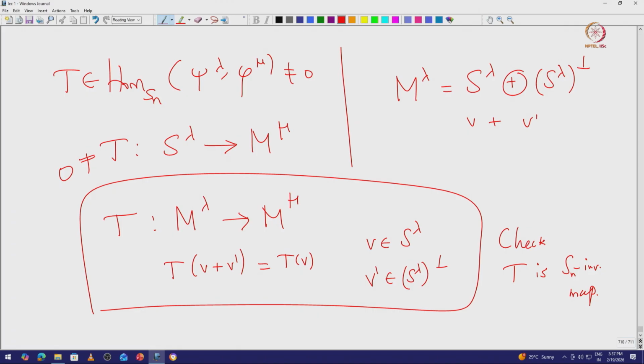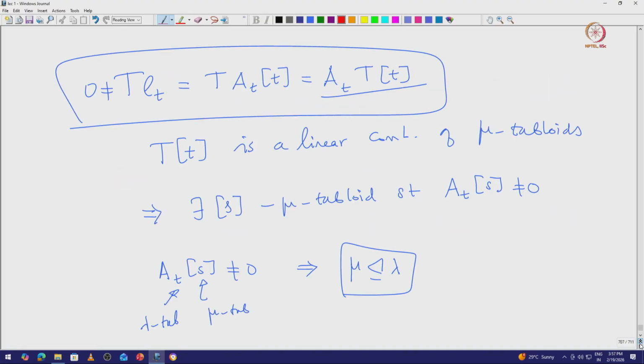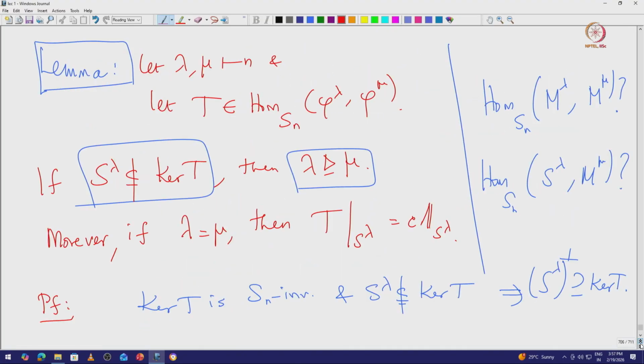So, the kernel cannot contain S^λ, and that would imply immediately that λ dominates μ, using our earlier lemma. The earlier lemma says whenever S^λ is not contained in the kernel of T, then λ indeed dominates μ.